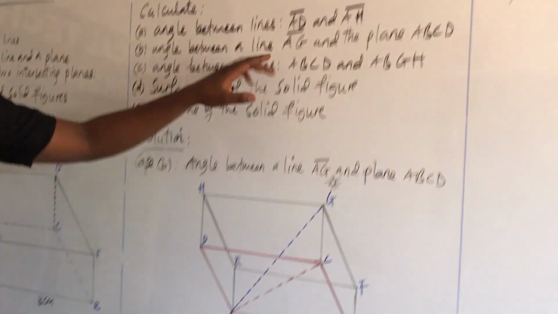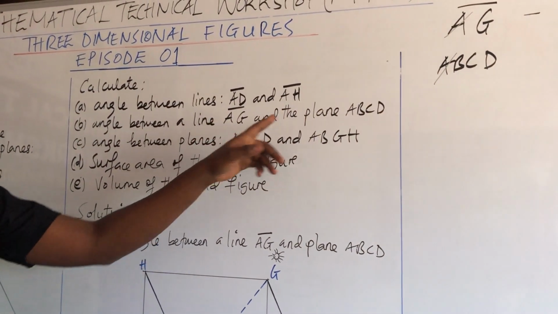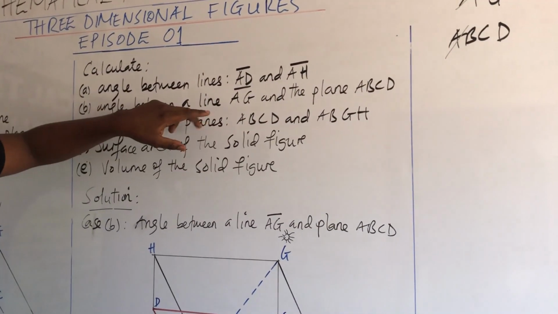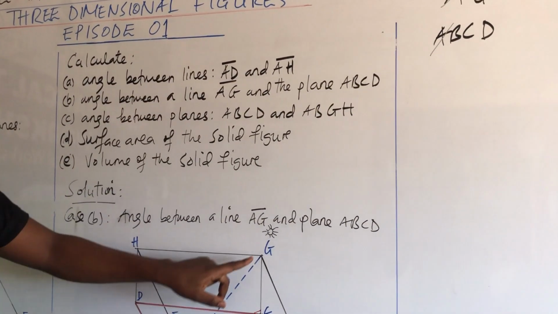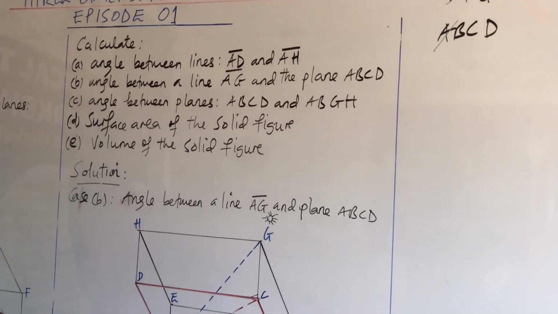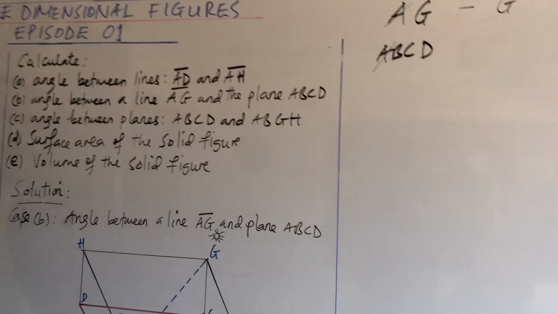Now coming back to the definition of the angle between a line and a plane, it is the angle between the line AG itself and its projection AC on the plane.